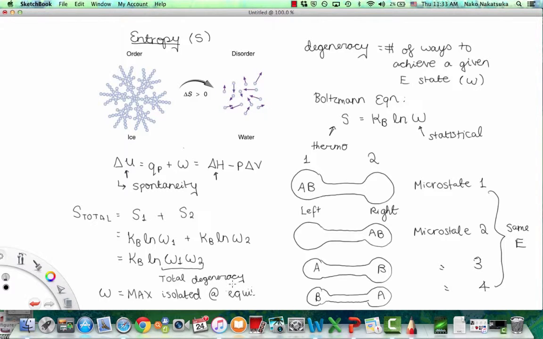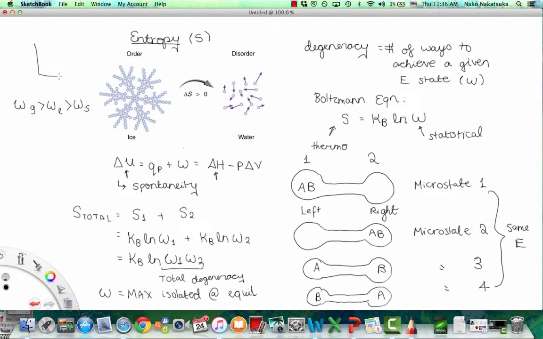So finally, I wanted to talk about how molecules in a gas phase occupy many more states than liquids and solids. So when we look at the Boltzmann equation, S equals KB ln W, we can actually rank gases, liquids, and solids based upon these values. Let me show you that right here, where the degeneracy of a gas is greater than the degeneracy of a liquid, which is greater than the degeneracy of a solid, since molecules in the gas phase can occupy many more states.